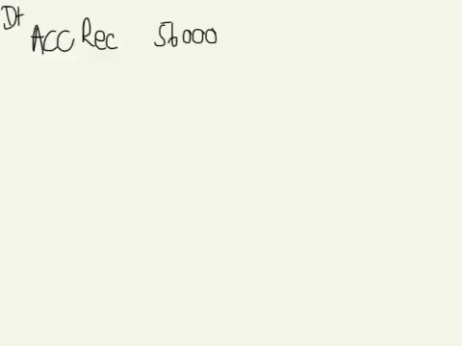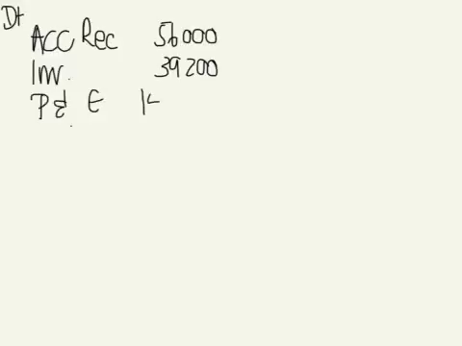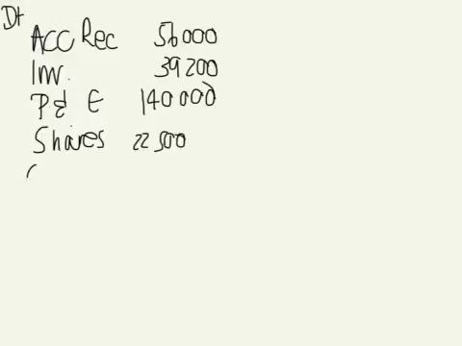So we're debiting now the inventory at fair value 39,200, plant and equipment 140,000, the shares in Sefton 22,500, and the other asset is the goodwill that we've acquired. It's an intangible, and with these business combination entries, it's recorded in the accounting records of the acquirer.